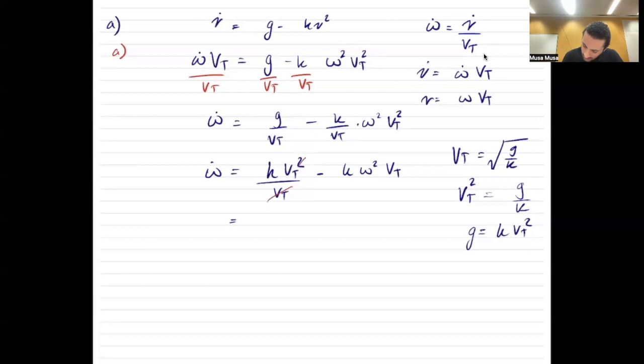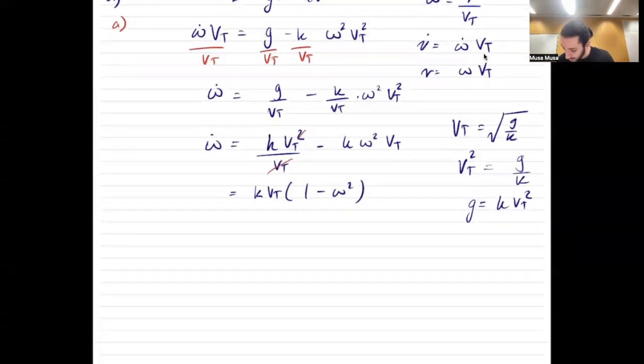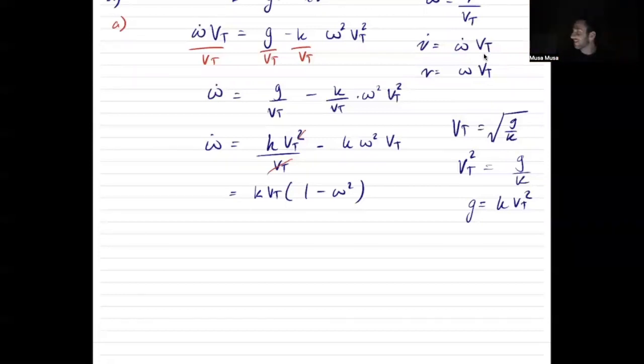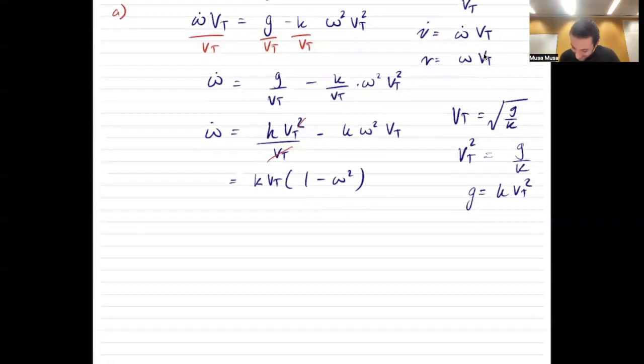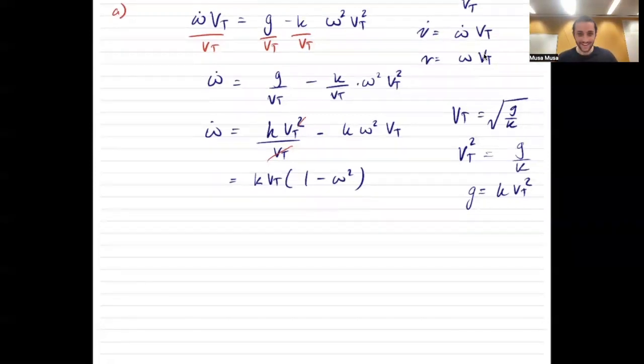And let's take out what we have as a HCF. Well, it seems like we have as HCF k and a vt, and we have 1 minus w squared. Oh my God, thank God, bro. And then kvt. No way. Oh, that was wild. Okay, so what does that equal?